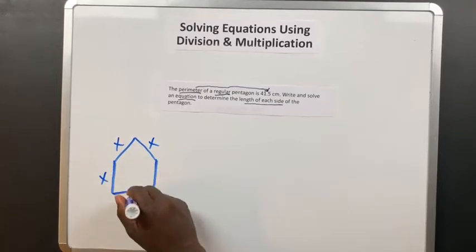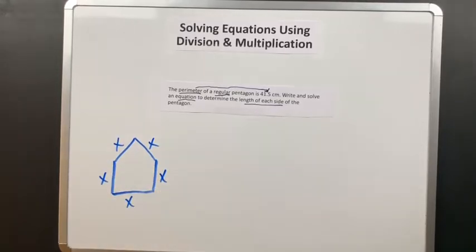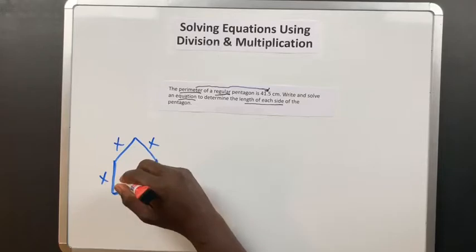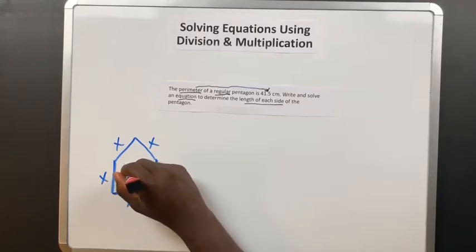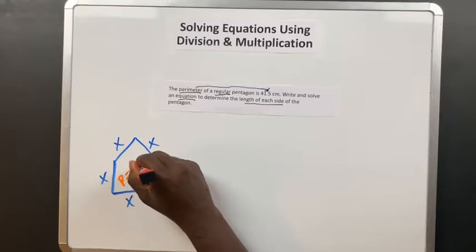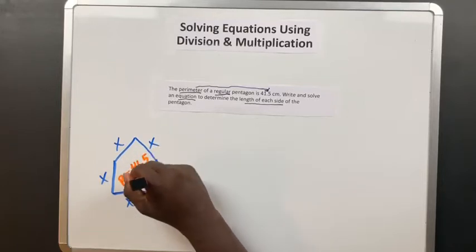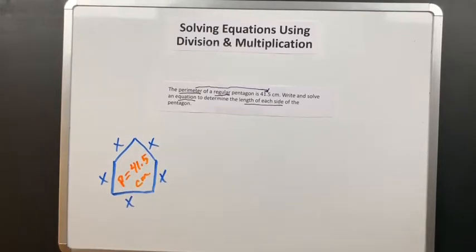That means that they're all the same length. This is a regular pentagon. And it tells us that the perimeter, P, is 41.5 centimeters. So I'm going to say P equals 41.5 centimeters. Okay, that's the information that's given.